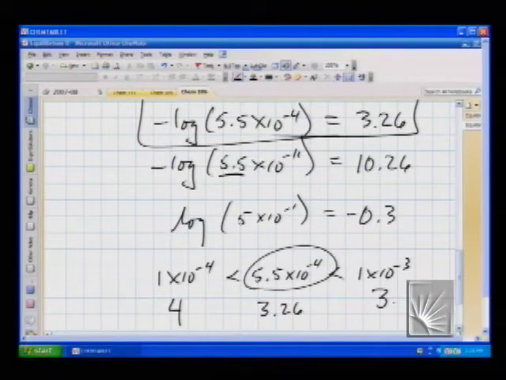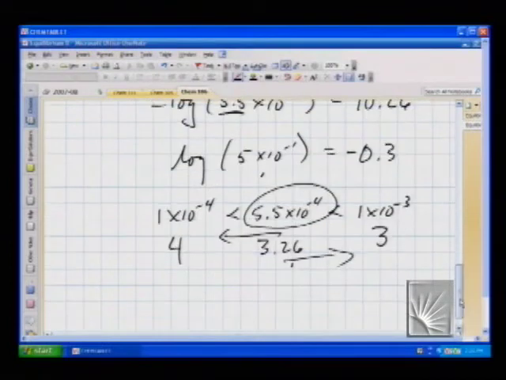And if you remember that 5, when you take the negative log of it, you get 0.3 in the decimal, you can say, okay, if the concentration was 7 times 10 to the minus 4, you would end up with a pH that is closer that way. If you started with a concentration of 2 times 10 to the minus 4, you'd be a pH closer to 4. So you can bracket these things to try and get estimates of them.